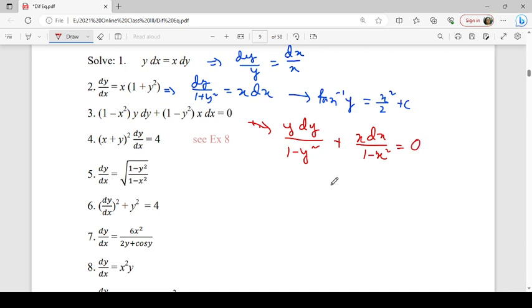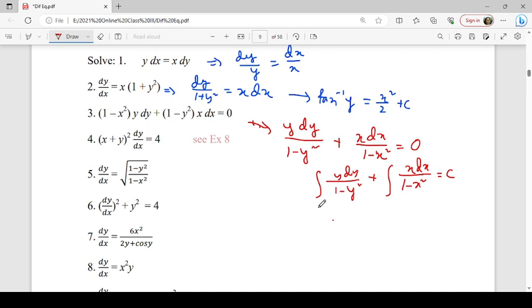So the solution will be the integration of y dy by (1 minus y square) plus the integration of x dx by (1 minus x square) equal to, the integration of 0 is a constant.